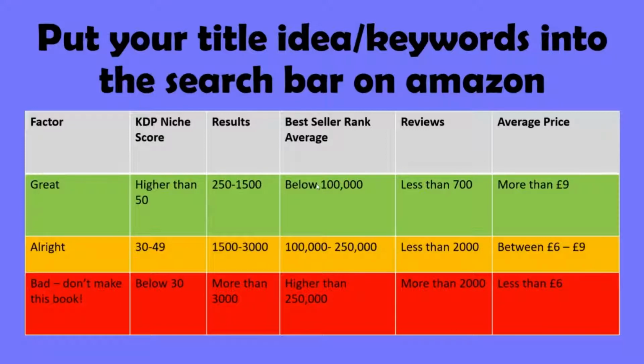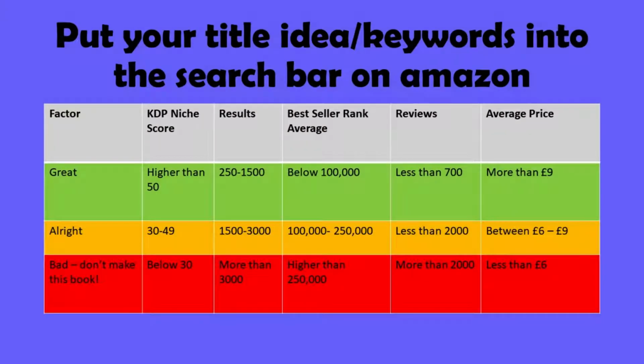We'd really like a bestseller rank average of over 100,000, which shows that it's popular. That's the important thing. Less than 700 reviews. If we've got more, then we're starting to look at more competition. It might just be worth taking a screenshot of this and referring to this when you're doing your niche research.